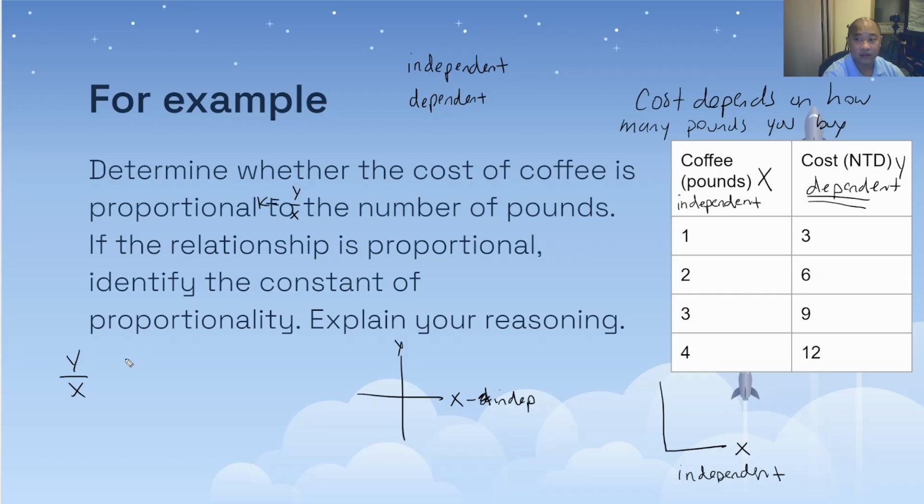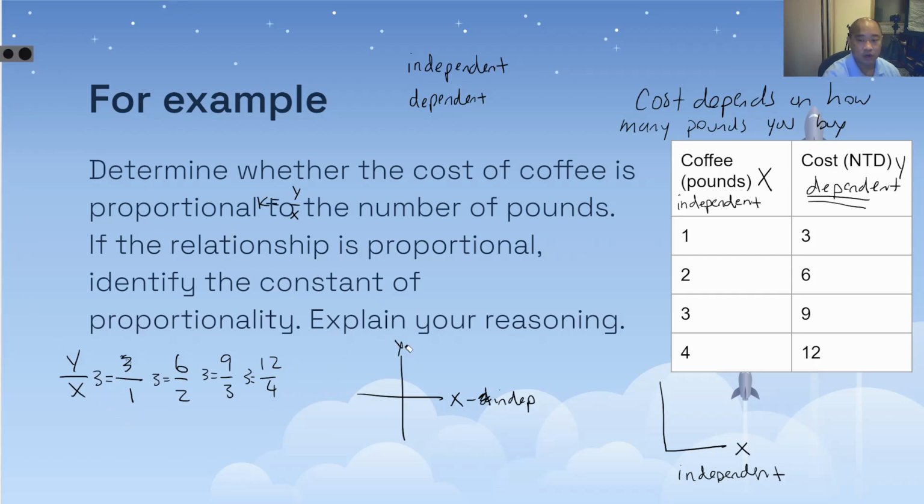So y then is the cost, which will be 3, and then the number of pounds is 1. 6 over 2, 9 over 3, 12 over 4. So the constant of proportionality for each of these is 3. And because they all have the same constant of proportionality, that means the relationship is proportional.